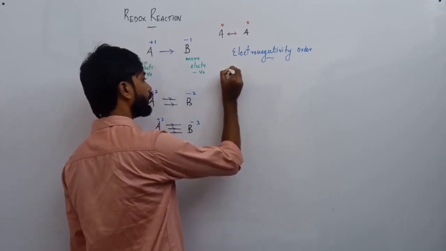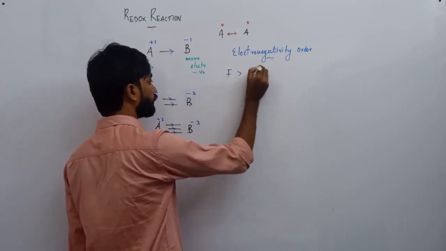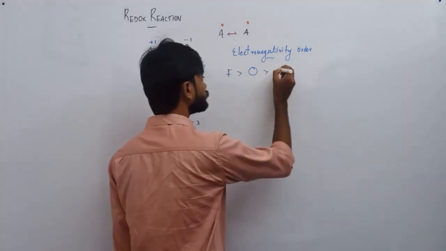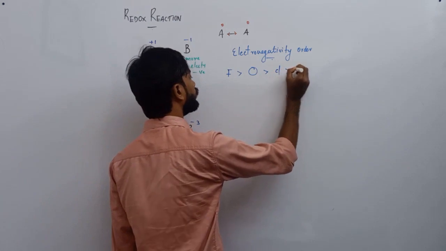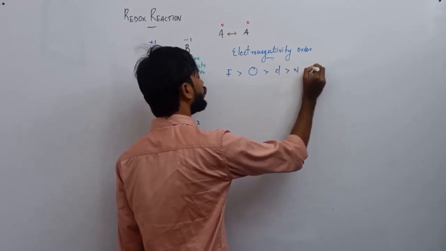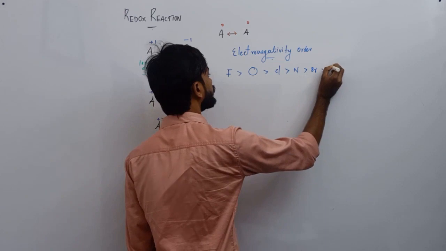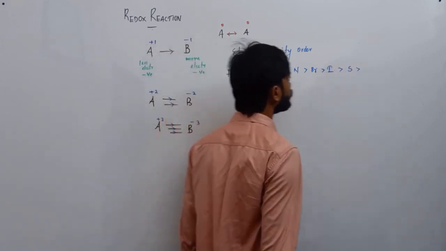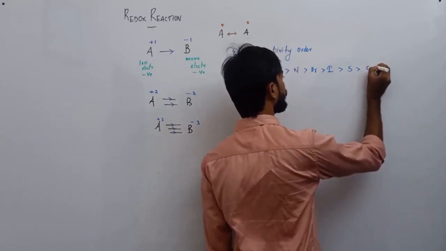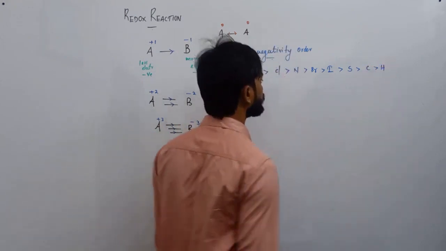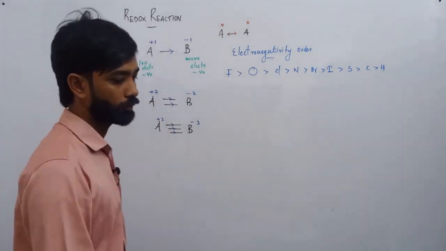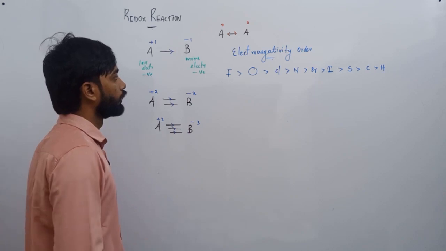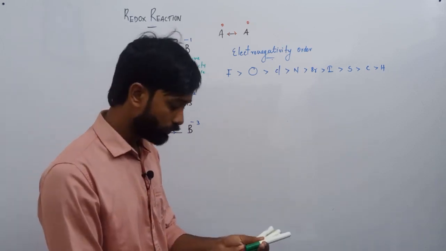The most electronegative atom is fluorine, followed by oxygen, followed by chlorine, followed by nitrogen, then bromine, then iodine, then sulfur, then carbon, then hydrogen. It is very important. Ready? Then I'll give you examples.